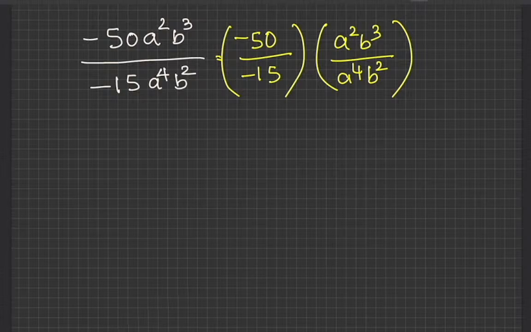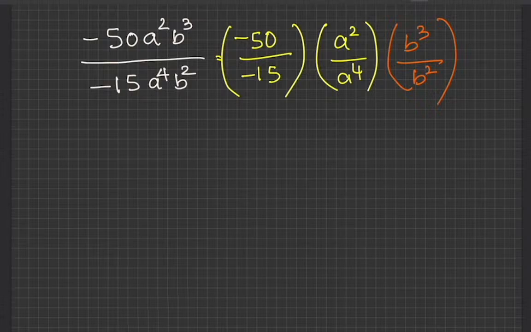If you want, we can do it like this as well, for simplicity's sake, to understand this better. So I have a to the power 2 by a to the power 4, and then I have b to the power 3 by b to the power 2, right? So now let's divide each term.